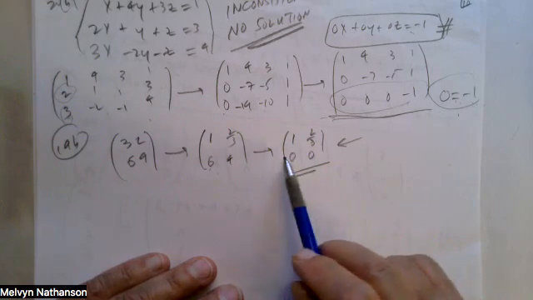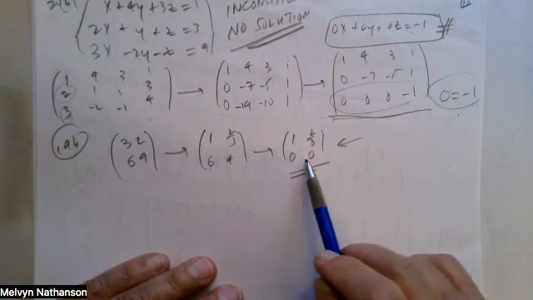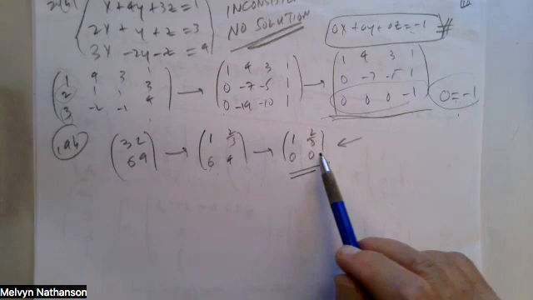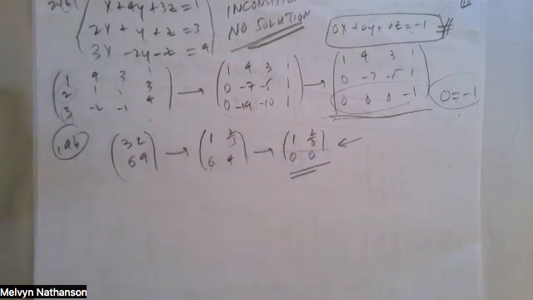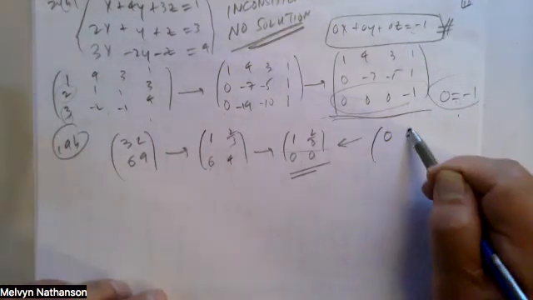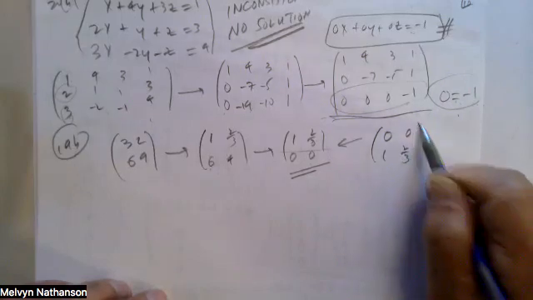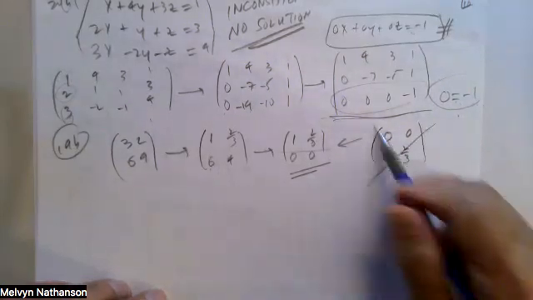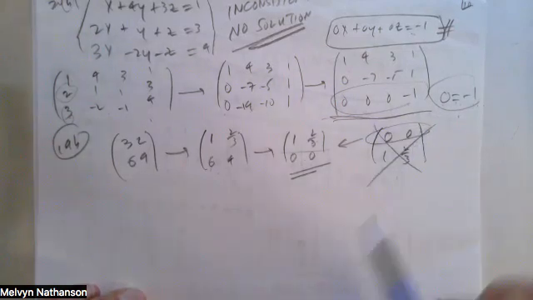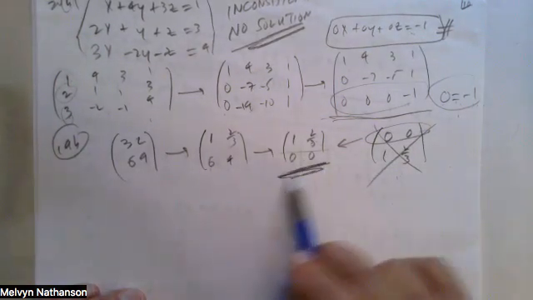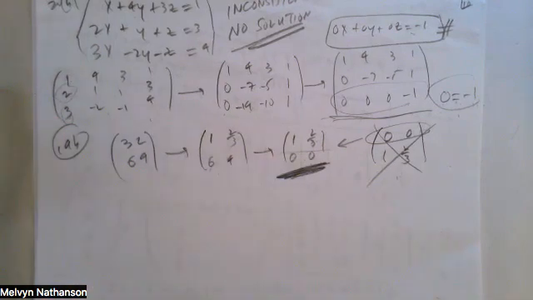So you can certainly have all 0 rows in your reduced row echelon form, but they have to be at the bottom of the matrix. Just the way that is. Oh, all right. Thank you. If I interchange the rows to get 0, 0 and then 1, 2/3, this is not in reduced row echelon form because the 0, 0 row is at the top, not at the bottom. But this is exactly the answer.